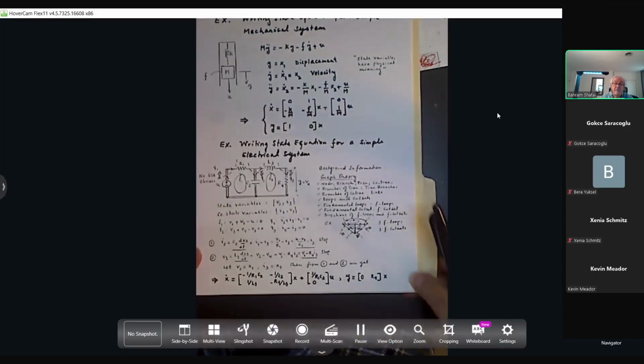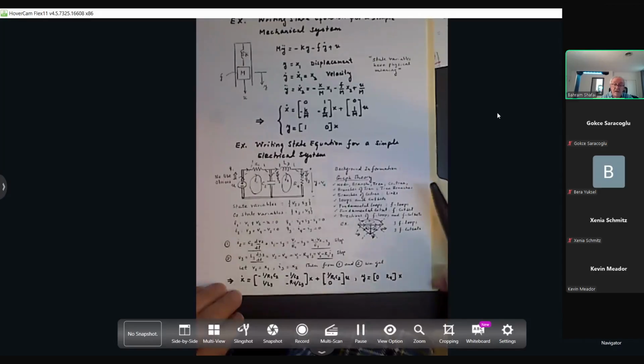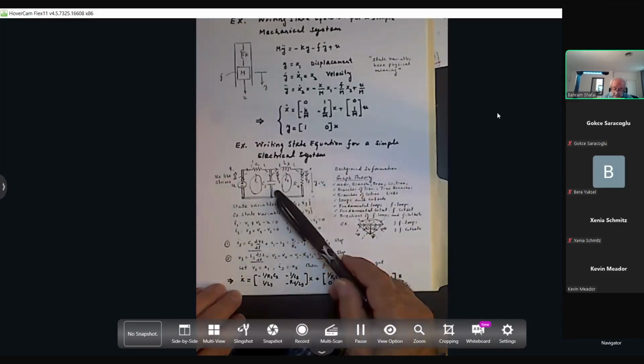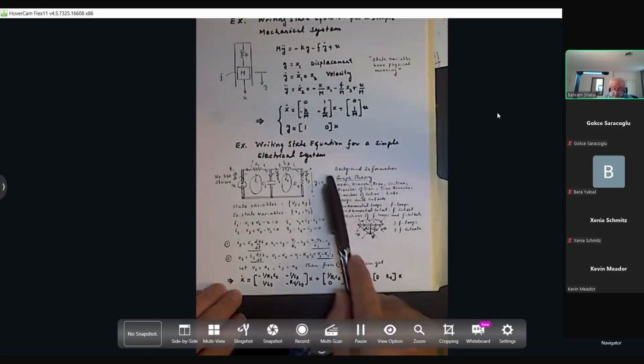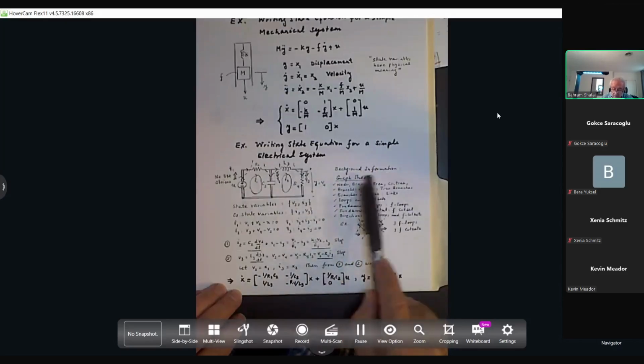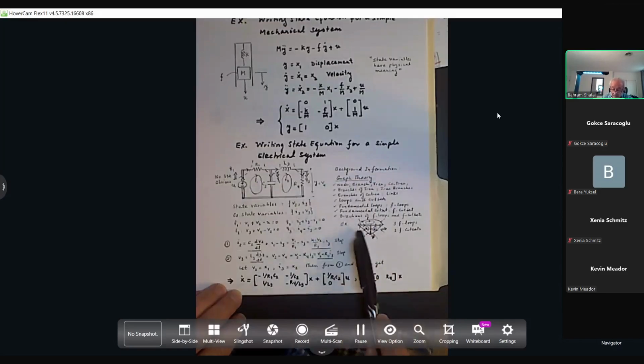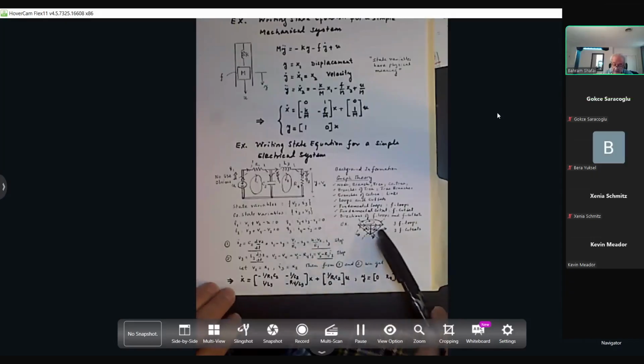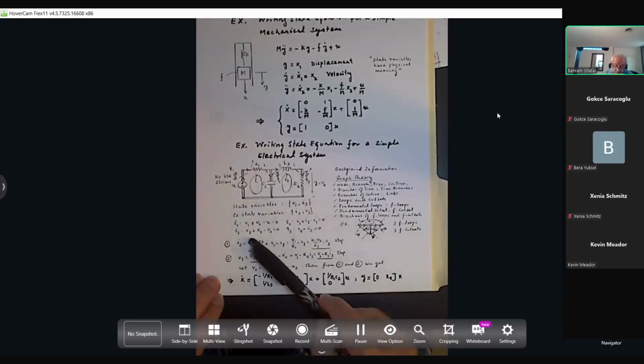Then I spent some time to show you my method of dealing with circuits. I put in the notes that I sent you the background information on graph theory, which I summarized here with one picture of how to define the fundamental loops and fundamental cut sets. Through this simple example, I showed you how to obtain the state equation for the circuit.